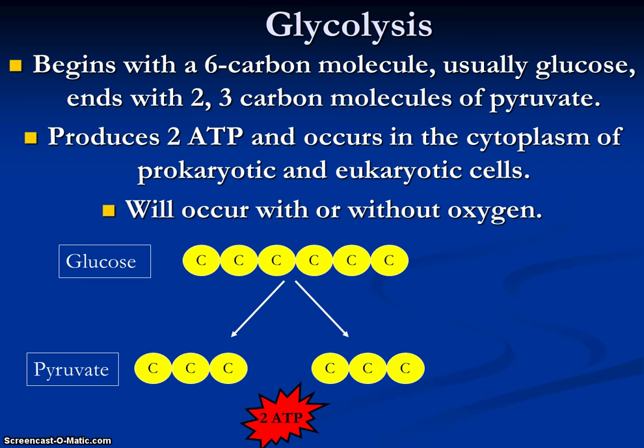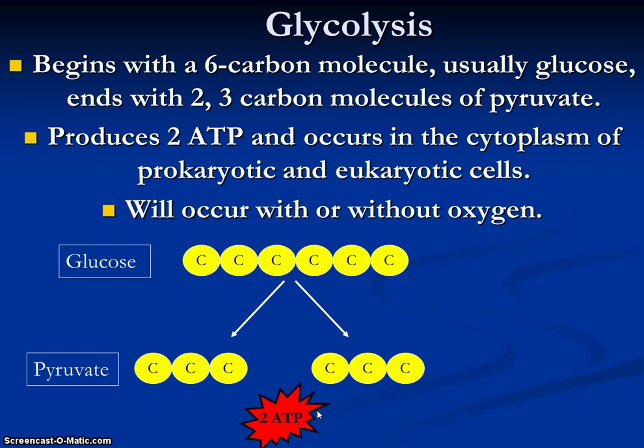So what's going to happen in glycolysis is your 6-carbon sugar, usually glucose, is going to be broken down into 2 individual pieces, and these individual 3-carbon pieces are called pyruvate. When that happens, it's also going to produce 2 ATP molecules.